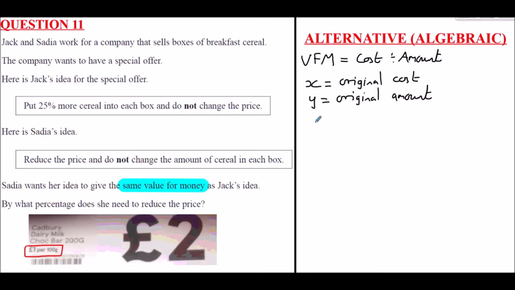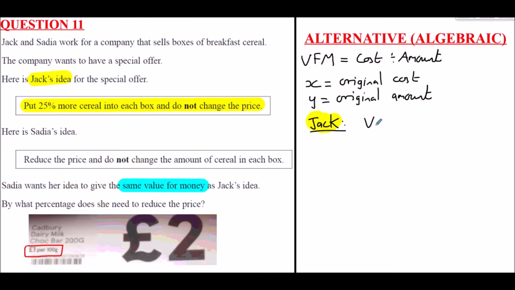Now let's think about what Jack's idea is, because Jack is mentioned first. So for Jack, what he wants to do is to put 25% more cereal and not change the price.